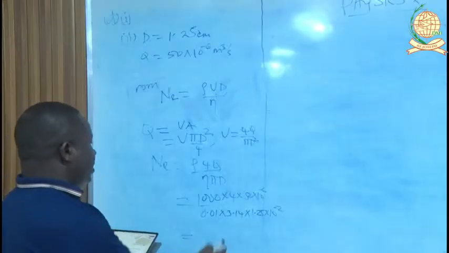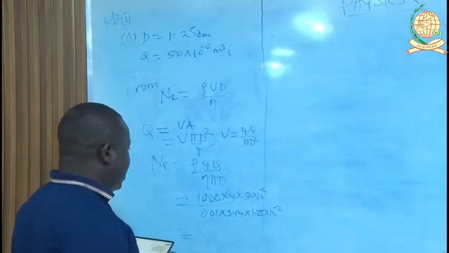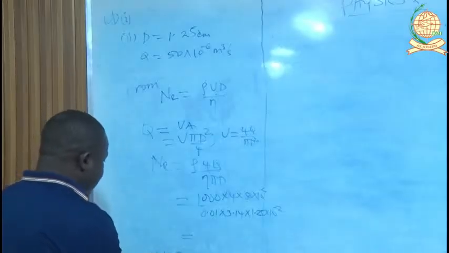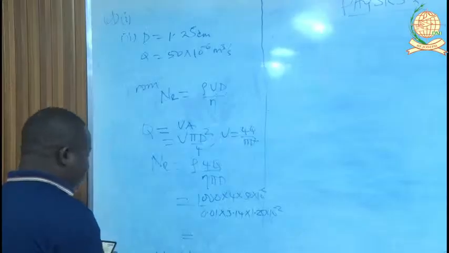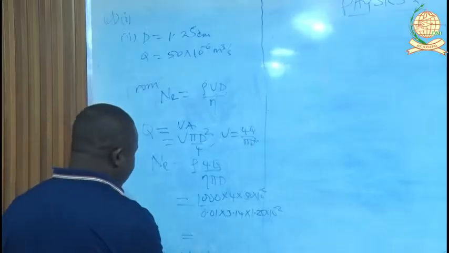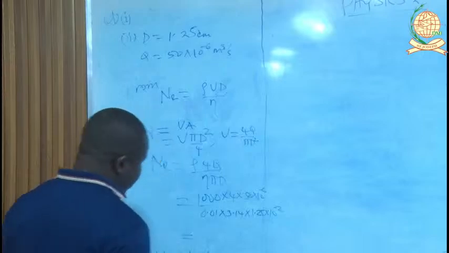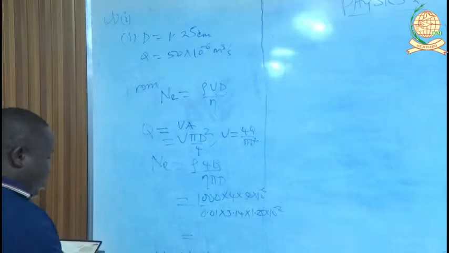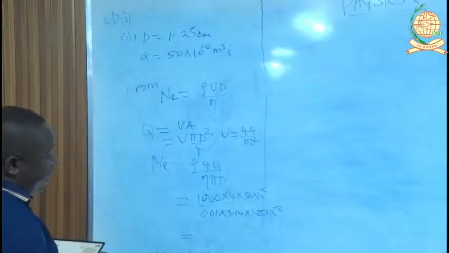You get this number here. If the number that you get is less than 1,000, then this flow is streamline. If it is above, it will be turbulent.